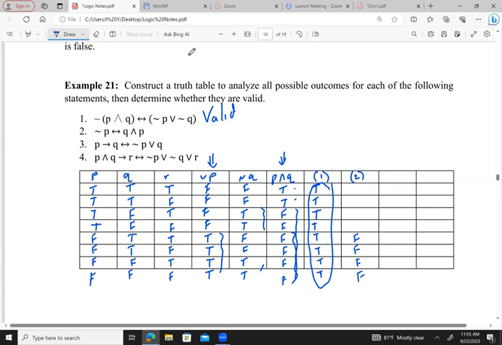Those four are false because not P is true, and P and Q is false. And for the rest of them, we have not P is false, which means they're true. If the first statement is false, doesn't matter the second statement, it's true either way.